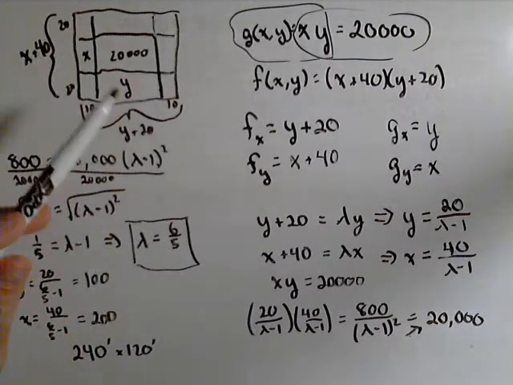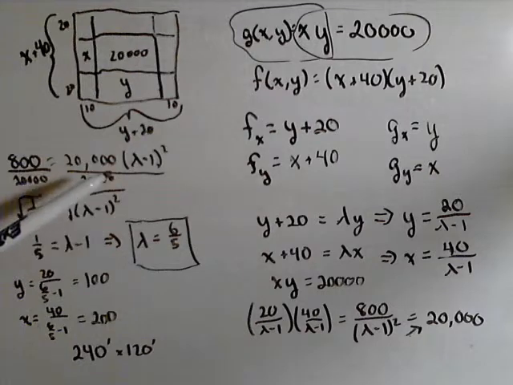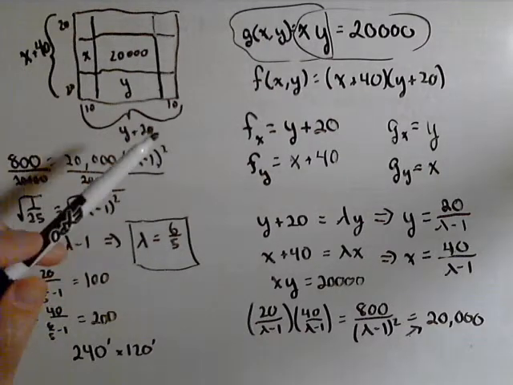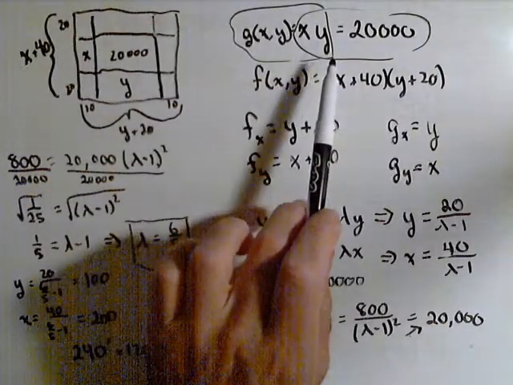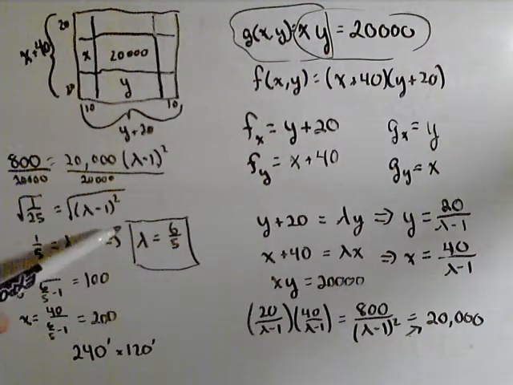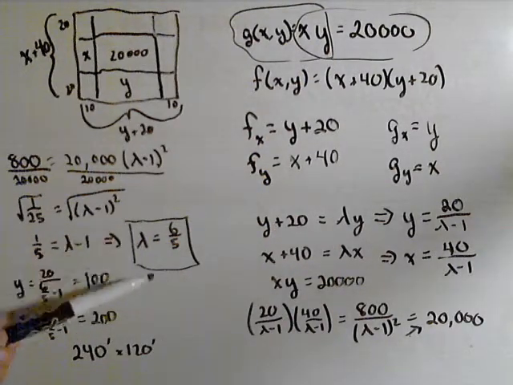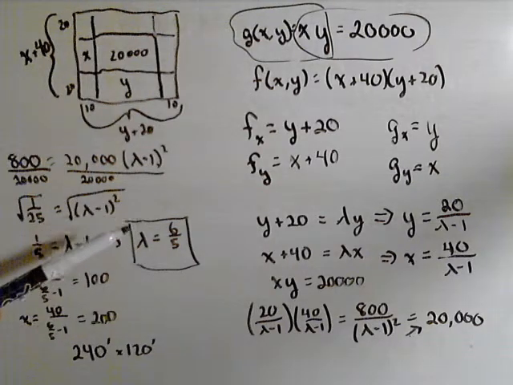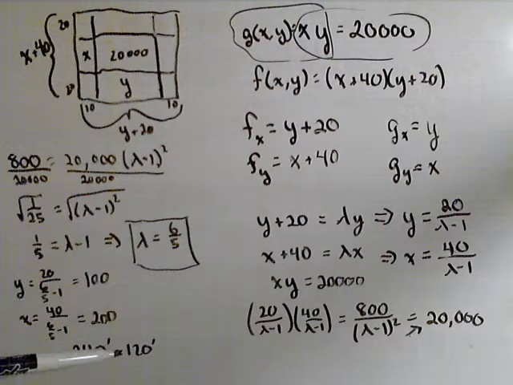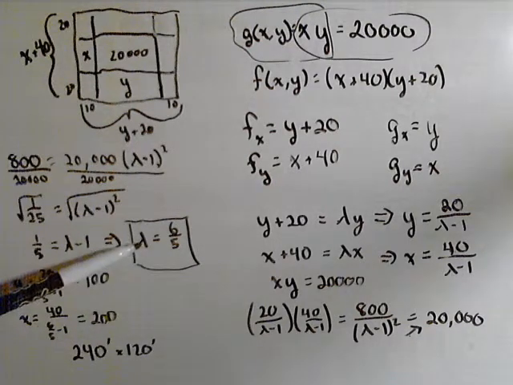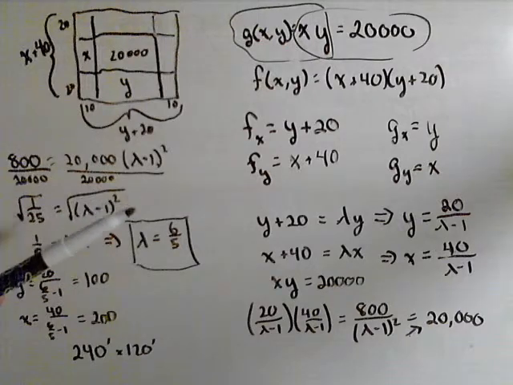So the area of the land is going to go up approximately 6/5 for a 1 unit increase in our constraint. Now lambda, just like a derivative, is a good local approximation, but it doesn't hold outside of that. So the further we get away from these dimensions, the less accurate this will be. But it does give us an estimate of how much we'd expect our area to go up if we increase the area of that building by 1.